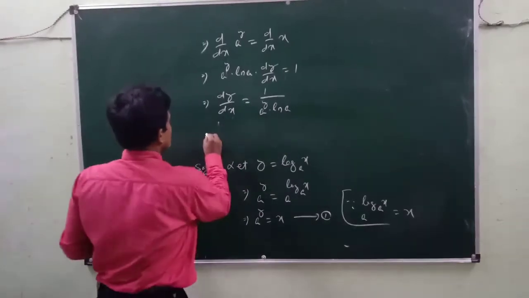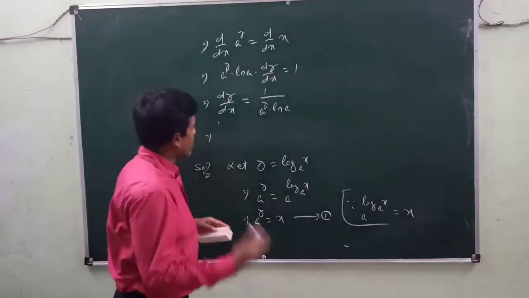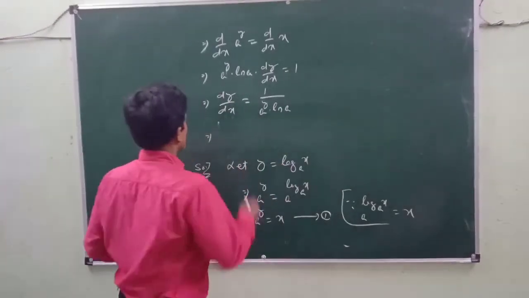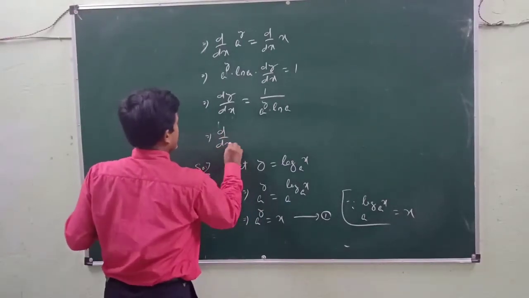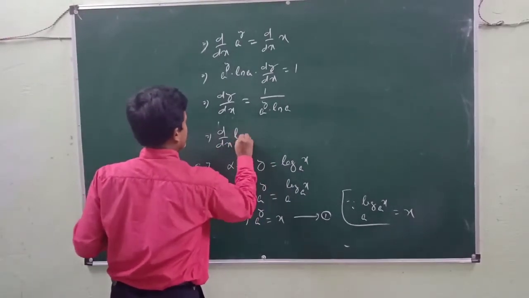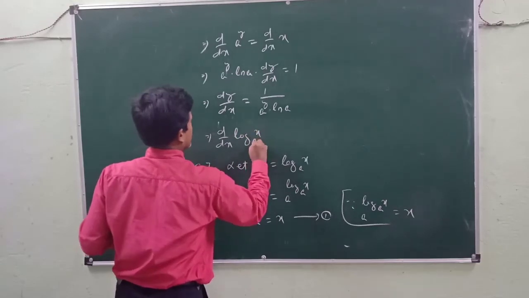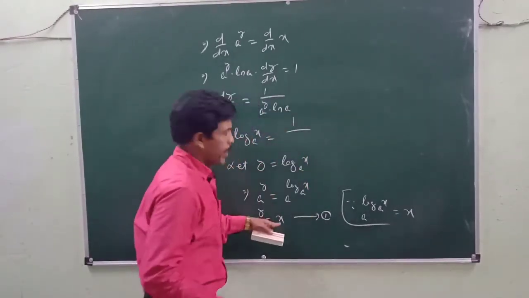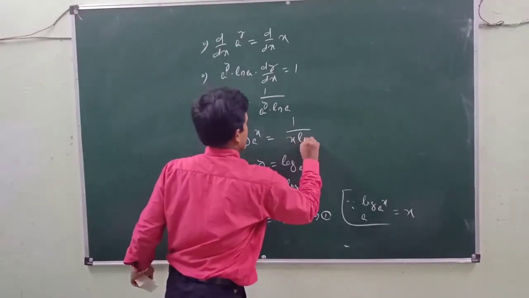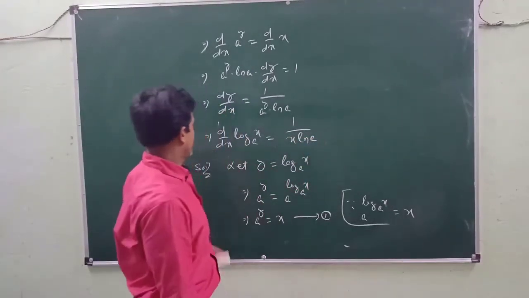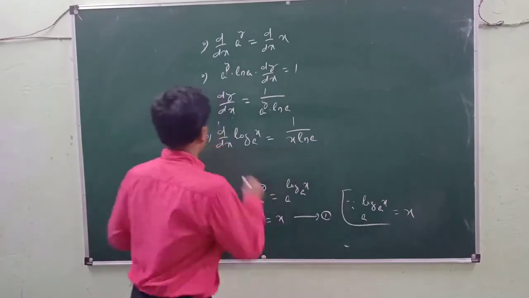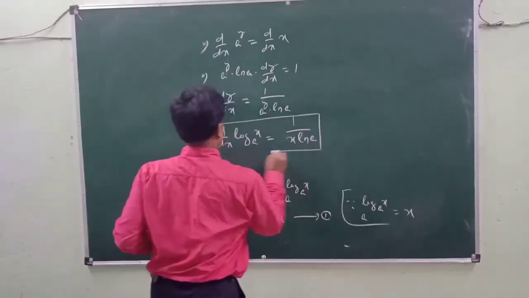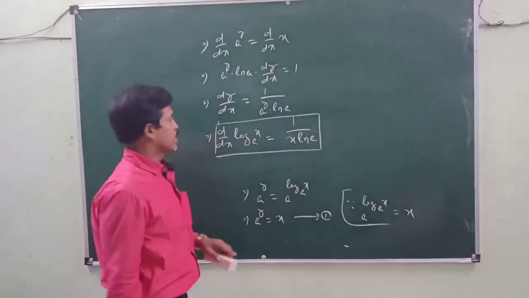Now converting y into x, d by dx of y, in place of y I write log x to the base a, that equals 1 by, in place of a to the power y it is x, so x ln a. So this is the formula for the derivative of log x to the base a.